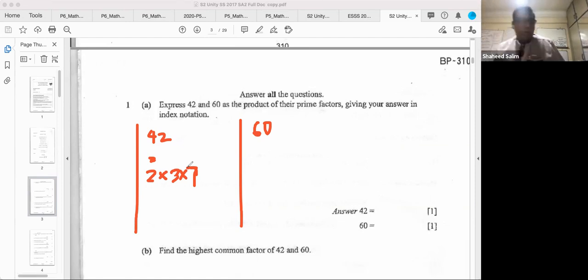Okay, so if you have that correct, also is correct. So you write like that. This 2 times 2, just 2 times, you must put like that.